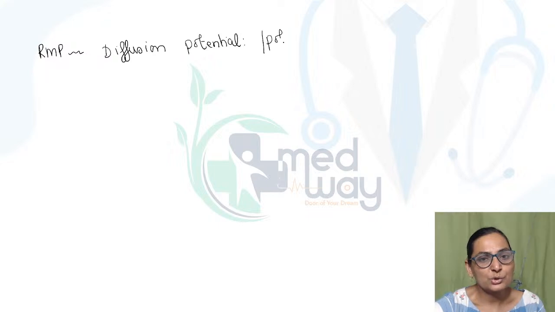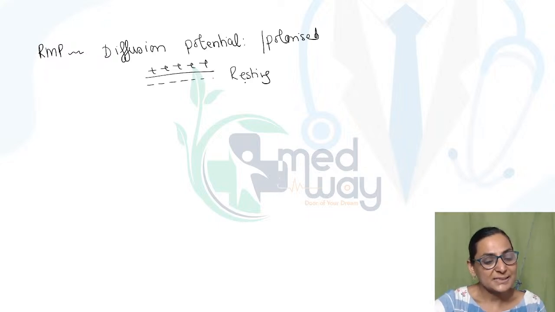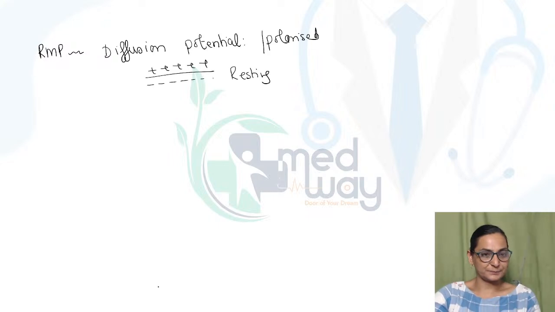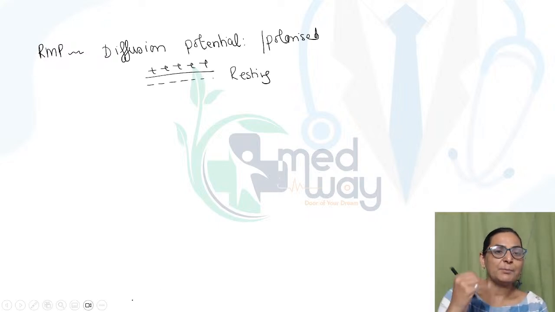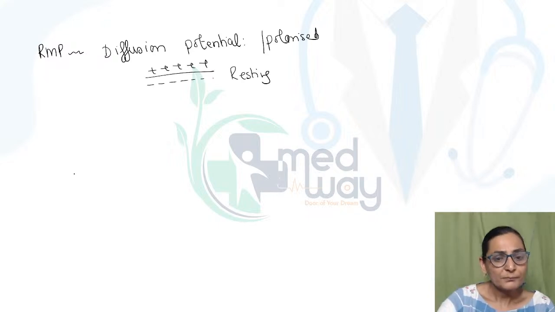It is supposed to be the polarized state with negativity inside and positivity outside. So this is the resting potential. That means it is the potential at rest with negativity inside and positivity outside, right? This is your RMP.